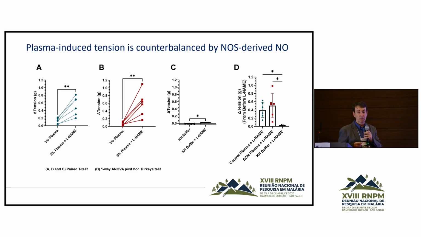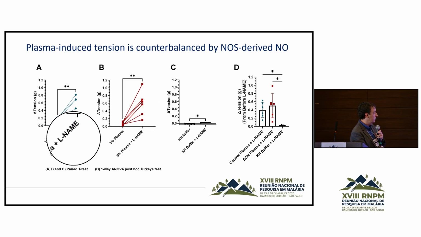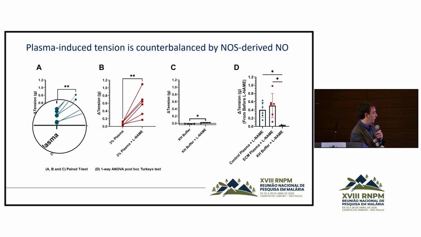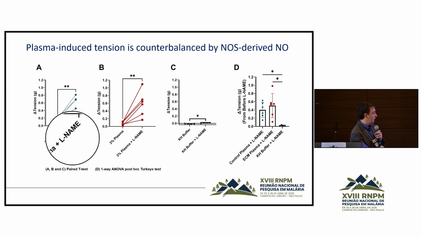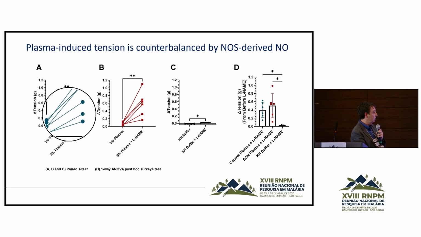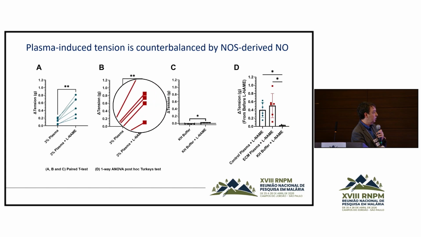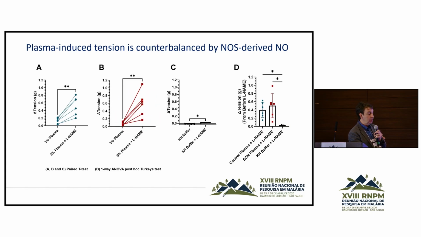And as I showed before, nitric oxide is the main physiological dilator, and we wondered if there would be a problem in the production of the nitric oxide in the system. What is happening is that if you stimulate with plasma purely, you have an increase in tension, a constriction, but if you eliminate the production of nitric oxide with this inhibitor, the constriction increases a lot in the control plasma and the infected animal's plasma.